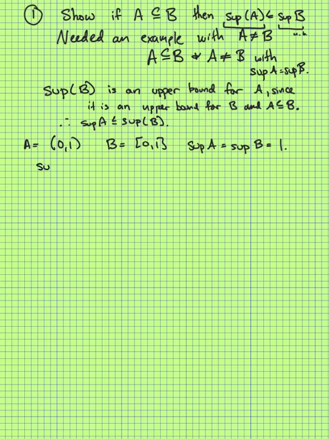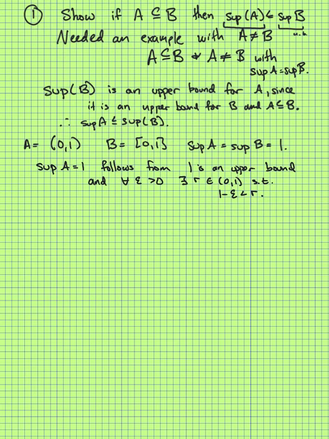To show sup A is 1, it follows from 1 being an upper bound, and for any epsilon greater than 0, there exists r in (0, 1) so that 1 minus epsilon is less than r.